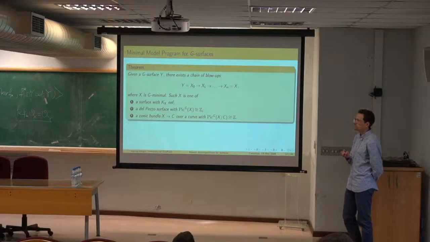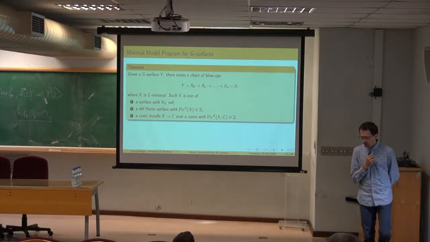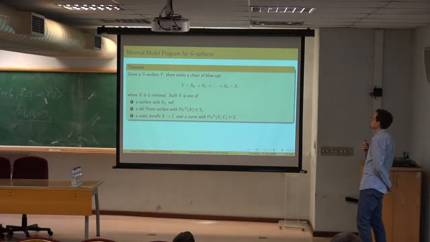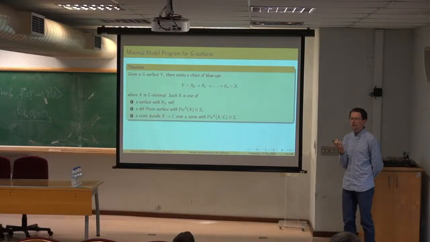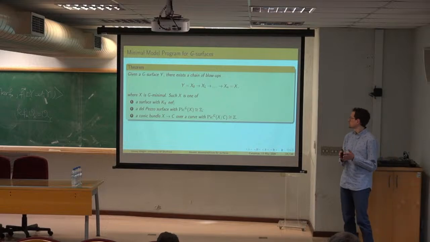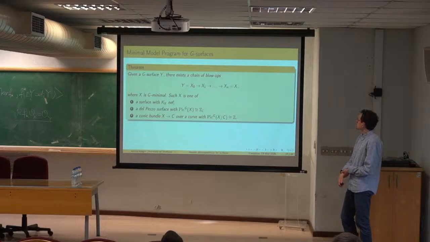It can be a surface with numerically effective canonical divisor, or it can be a del Pezzo surface with G-Picard rank 1, or it can have the structure of a G-conic bundle over some smooth curve. The action need not be linear, not necessarily.